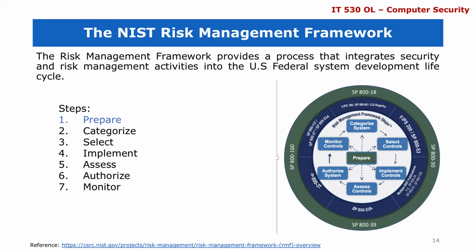And then the next step, which is usually an ongoing step, is the monitoring step. That involves constantly assessing the implemented security controls in the system on an ongoing basis to ensure security control effectiveness, always documenting any change or upgrade, and ensuring that there are enough security controls and all the security controls are updated to ensure a good security posture of that specific system.